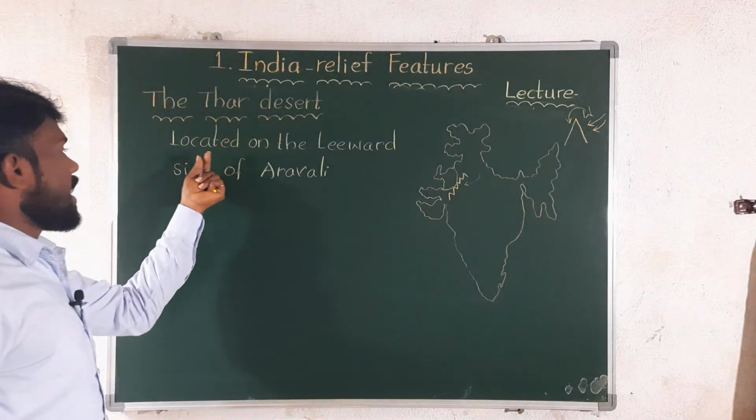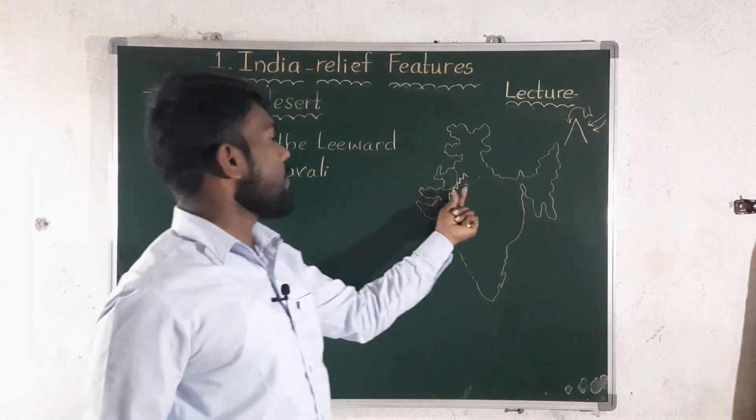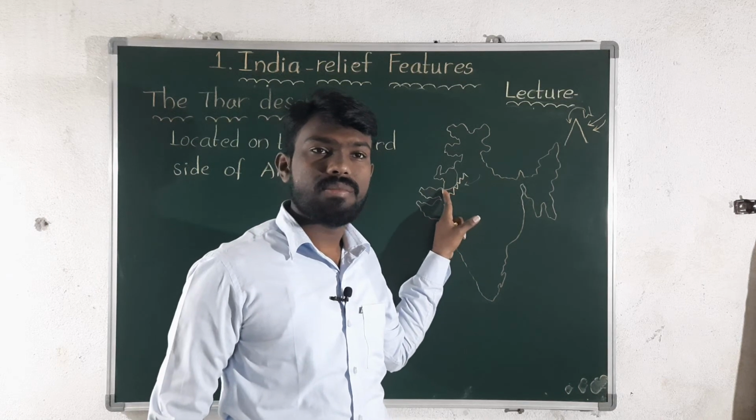So the Thar Desert is located on the leeward side of the Aravallis, as shown in this picture.